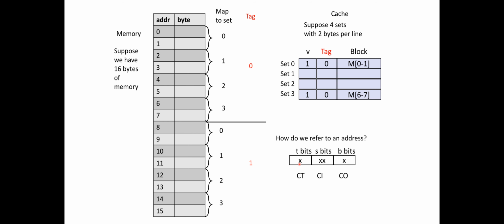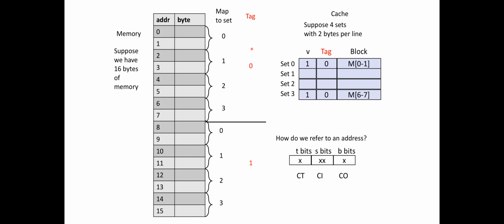This is a very silly, tiny example. And then since we have a total of 4 sets, we need 2 bits to represent the set, because the highest one would be 3, which is 1, 1. And then we only have 2 bytes in a line, 2 bytes that map to a particular set.